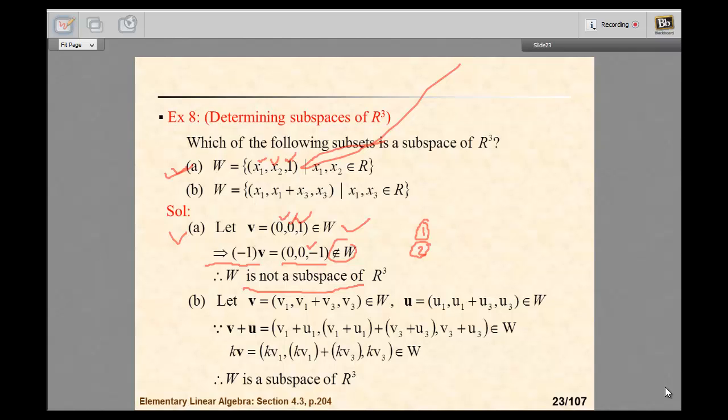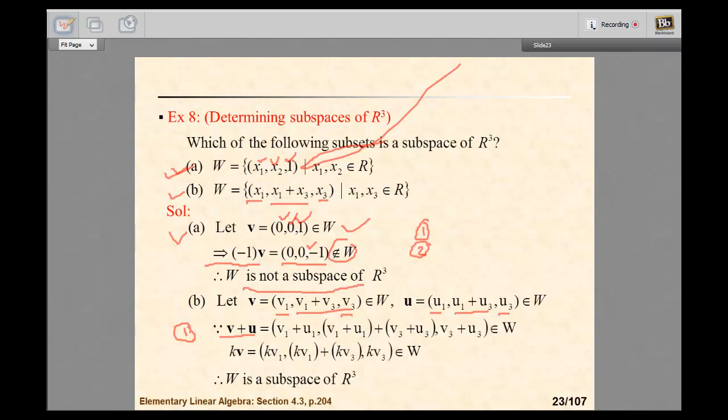Similarly for question number 2, it says that W is equal to x, with three components in the tuples. Let us check. We take v1, v2, v3, and another vector u1, u2, u3. So we take two vectors, and again we will check the two properties of the subspace.